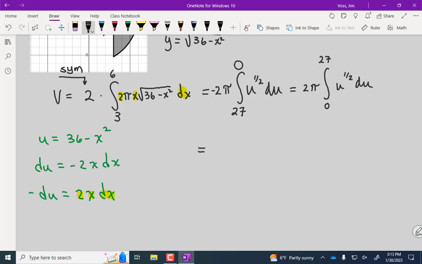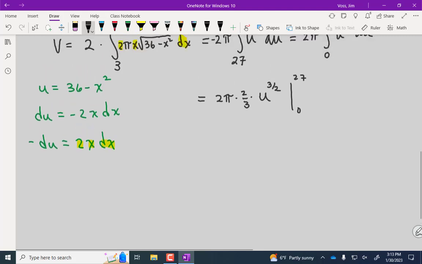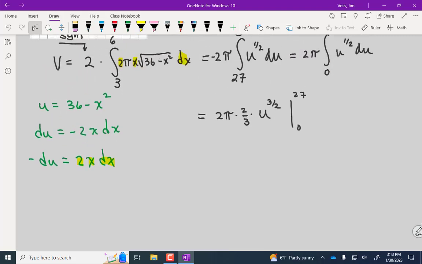Now we're ready to roll. We're going to get 2 pi multiplied by, I'm going to leave a little space. We're going to add 1 to the exponent and get 3/2. Divide by 3/2 means multiply by 2/3. 0 to 27. And that's going to give us 4 pi over 3.